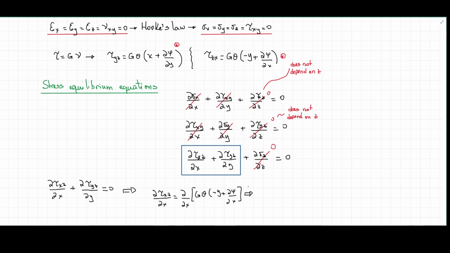So if I continue working with this, it's going to be the partial derivative of the first term, this one here. So I can do it like this, minus G theta y plus, I can bring out G theta, the partial derivative with respect to x of the partial derivative of this psi function, x.